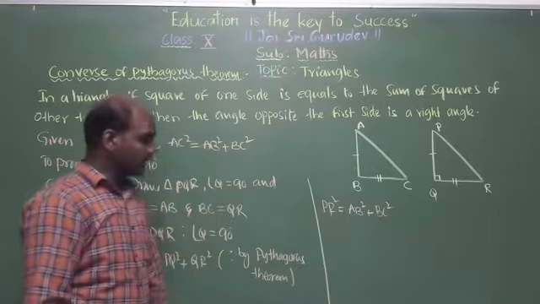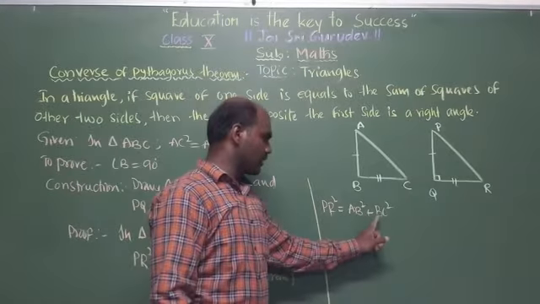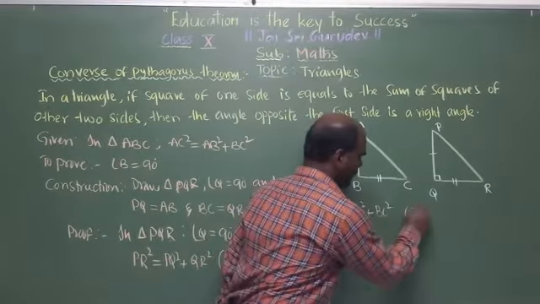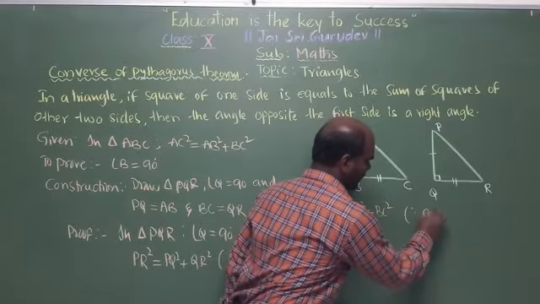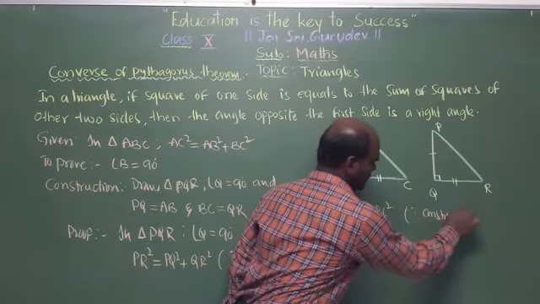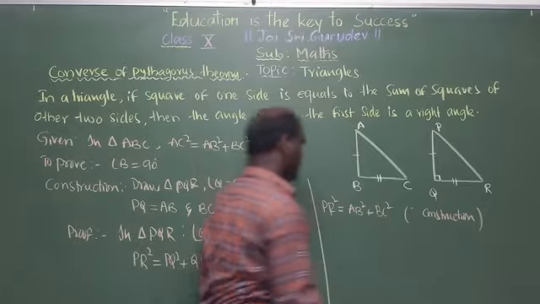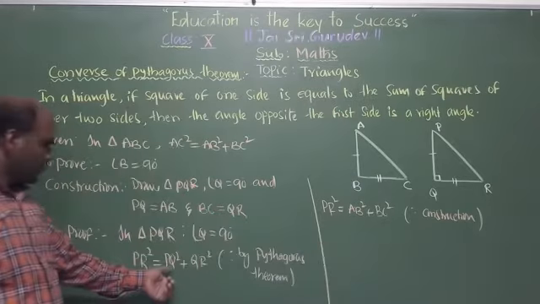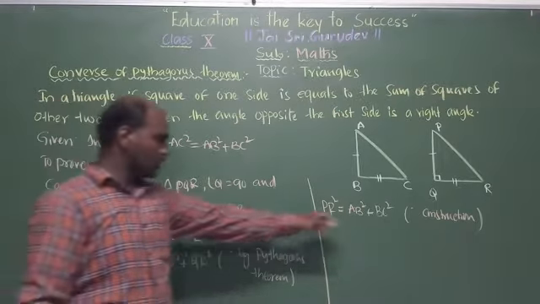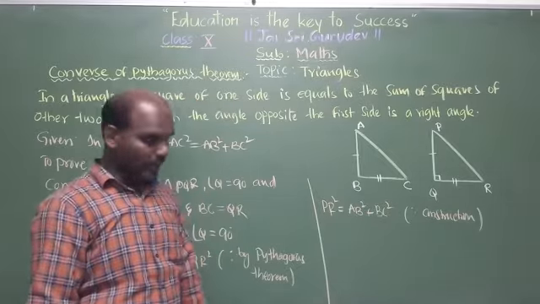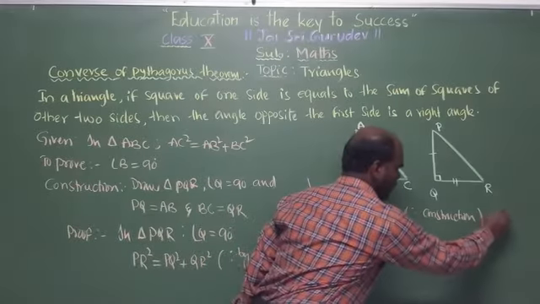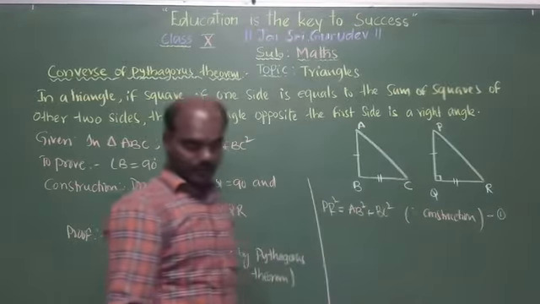That is, PR square is equal to AB square plus BC square. From where are we getting this, children? By construction, AB is equal to PQ as well as QR is equal to BC. This is equation 1.